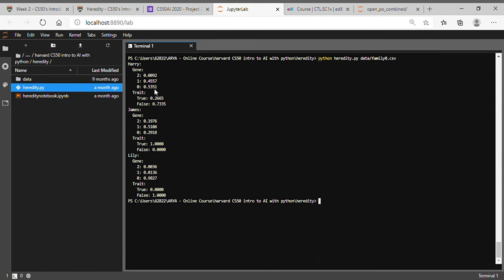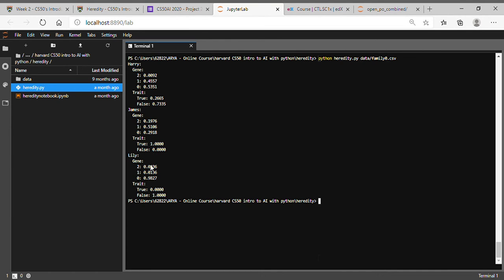And then in terms of traits, Harry has a probability of 0.2665 of expressing the trait, and 1 minus that probability of not expressing the trait. And how do we know this information? Because we are given the information about the parents, James and Lily.